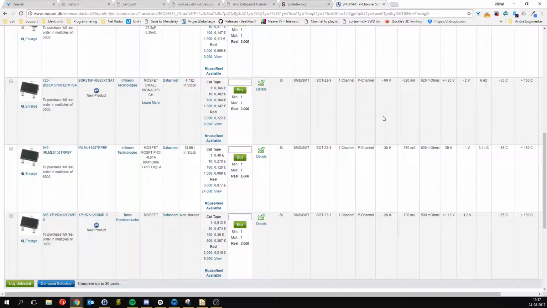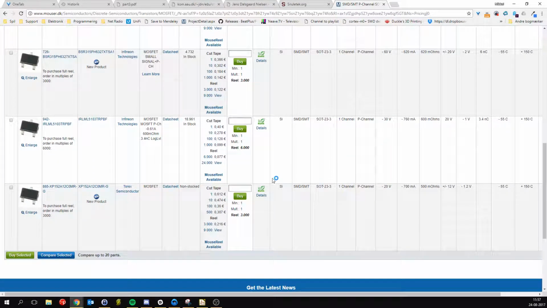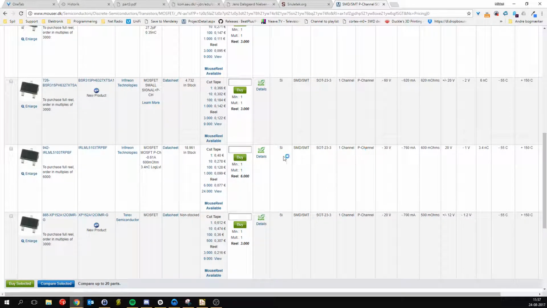Depending on your application, this would be fine for logic circuits, even 12 volt circuits. If you're doing 24 volts, you want to go up here, and if you're way up high, you might want to go up here. But I would definitely go for, no, this is too expensive. I would definitely go for this one up here. 1 volt gate-source threshold, 20 volts on the gate pin, and 30 volts max.